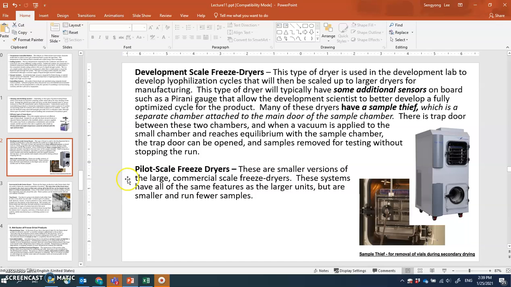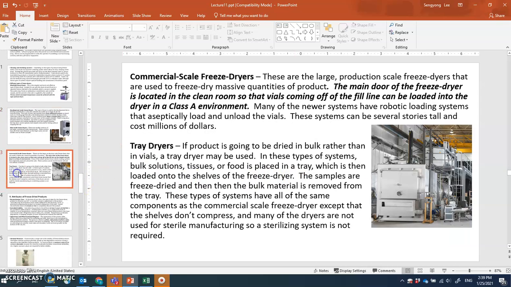Okay, and then the pilot scale freeze dryer. So when you manufacture something for a clinical trial, it doesn't require full manufacturing scale. Then you can use a smaller version of the large scale commercial freeze dryer. But the commercial scale, the large scale freeze dryer, may be this big. It's very large.